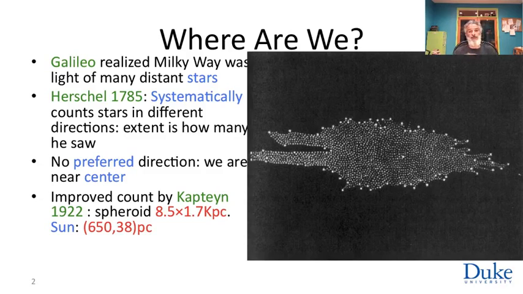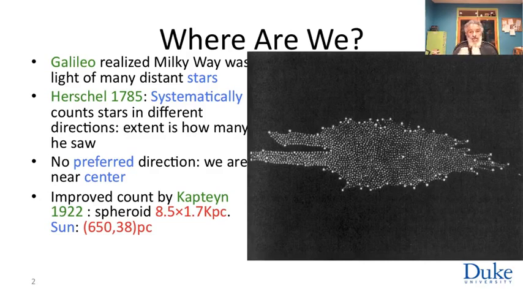A more refined version of this was carried out 150 years later by Kapteyn, and Kapteyn, using slightly more numerical star counts based on brightness, was able to put a size to the universe, and the disk shape that he had was a flattened spheroid. It was 8.5 kiloparsecs in radius and 1.7 kiloparsecs thick.